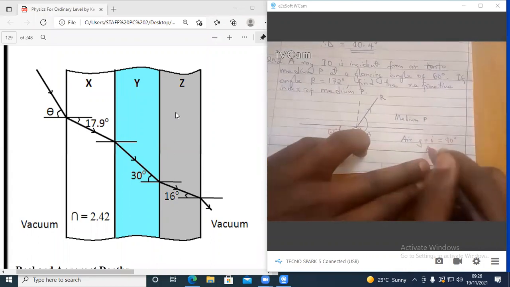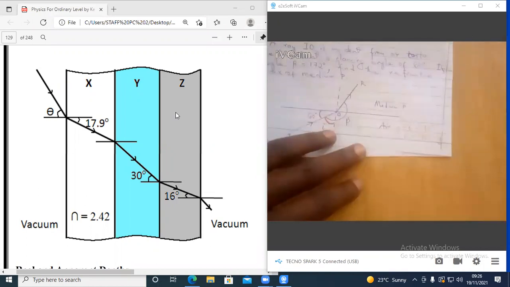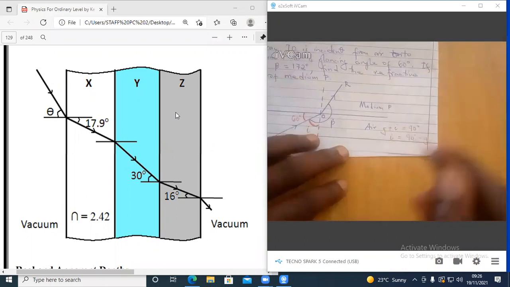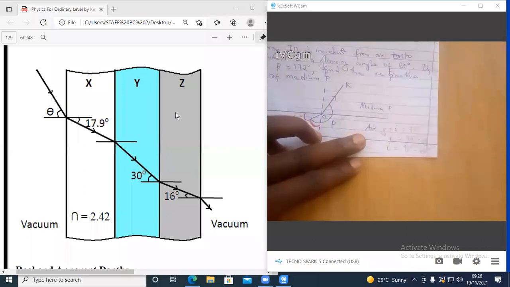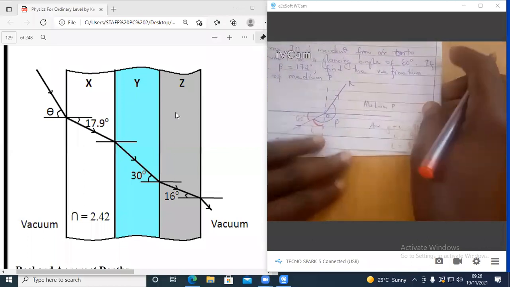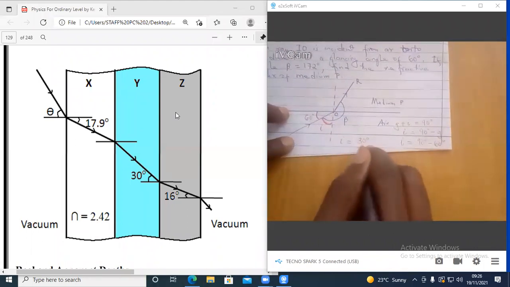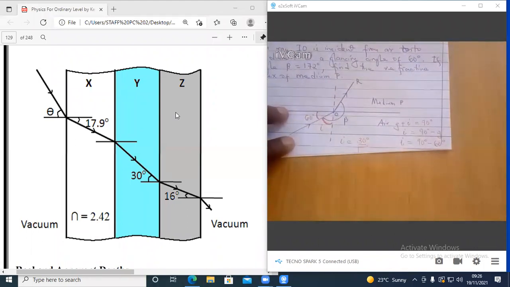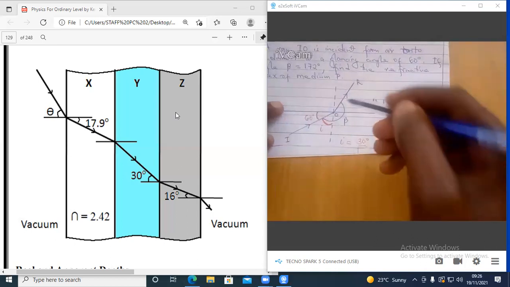So the angle of incidence will be equal to 90 degrees minus the glancing angle G. So it will be 90 minus 60. Our angle of incidence will be equal to 30 degrees. But now we cannot stop there. We have to go ahead.